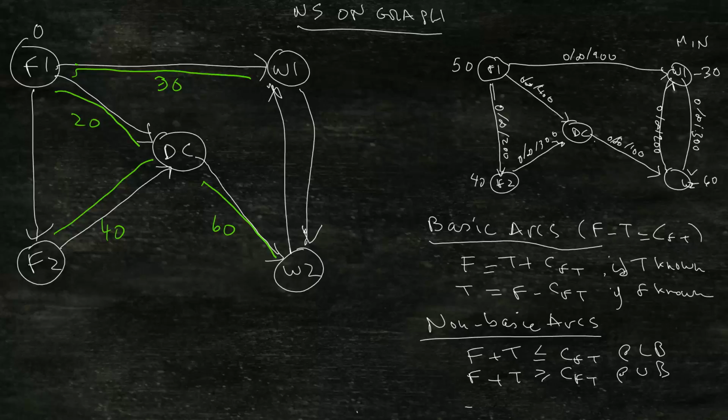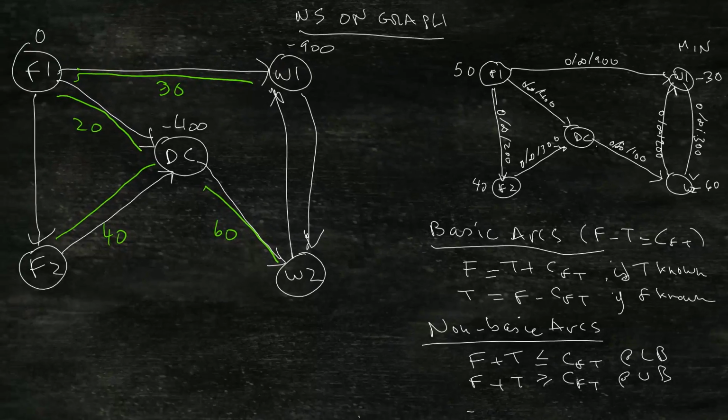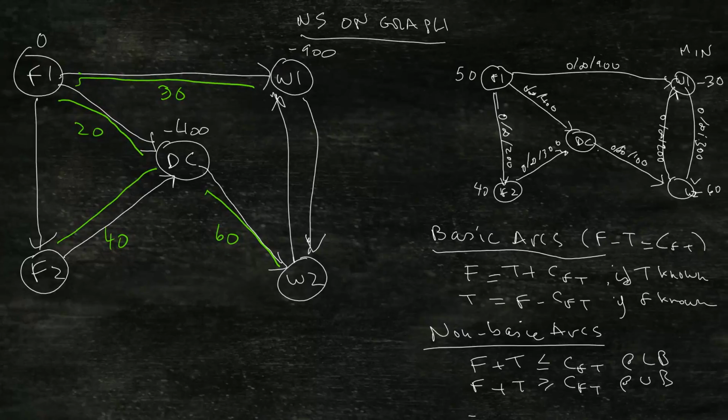So DC is going to be 0 minus 400, and W1 is going to be 0 minus 900. And DC to W2, again the from is known, so the to is equal to minus 400 minus 100, which is minus 500.